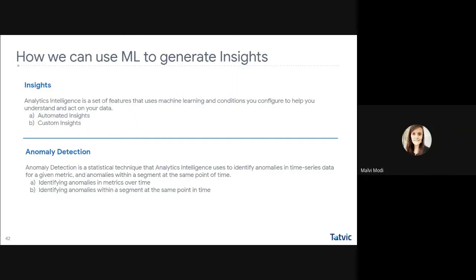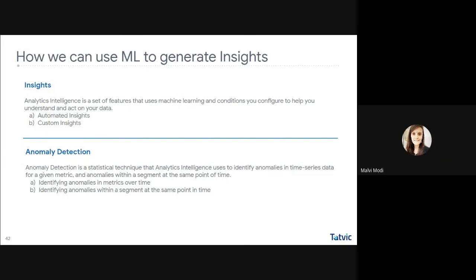You can also tweak this analysis, and you can ask Google Analytics to send you custom insights by applying the conditions you want. You can ask Google Analytics to provide you an alert or an insight on the same dashboard when those conditions have been triggered or met. You can set up to 50 custom insights per property.